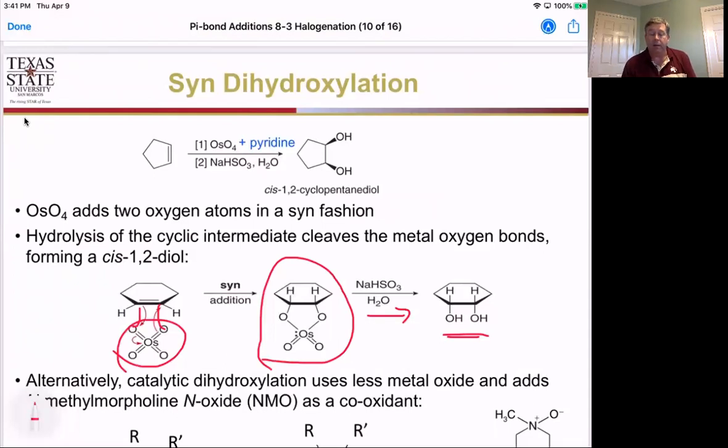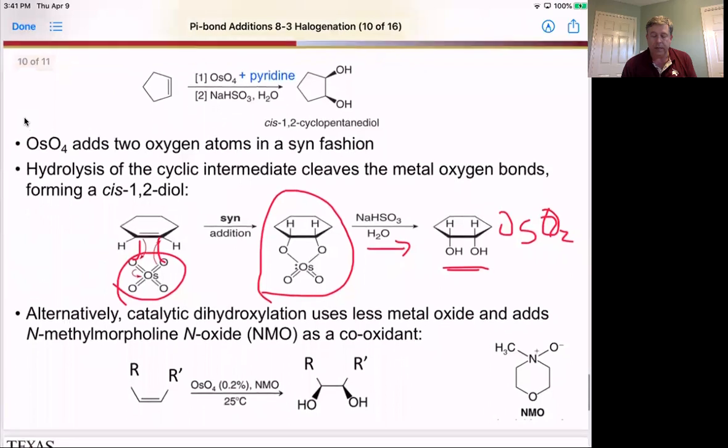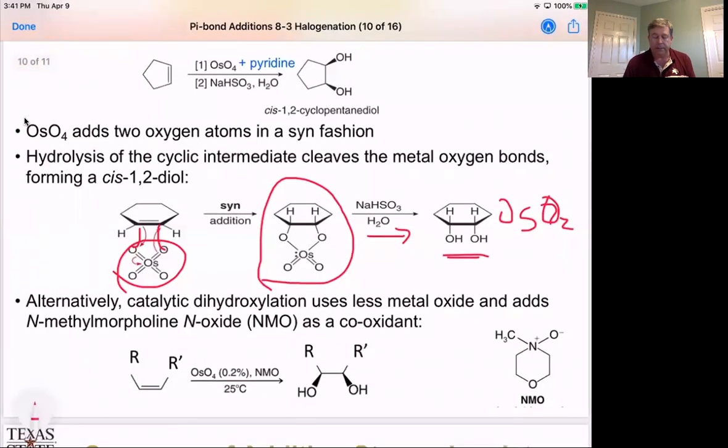Once it does that, it generates the osmium dioxide right here. So you either have to use a stoichiometric amount of osmium tetroxide, or alternatively, you can use a co-oxidant in the system. You use just a little bit of the osmium tetroxide, but then you use something that's going to oxidize the osmium dioxide back to the tetroxide.